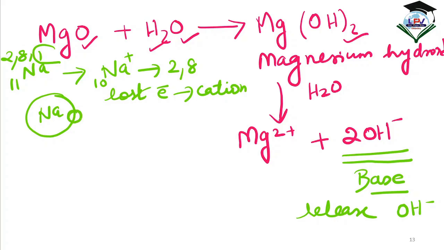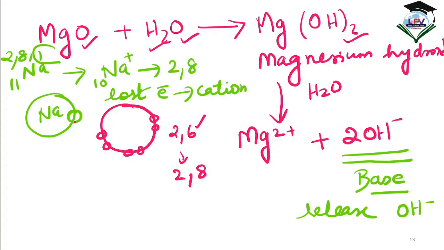Now, oxygen has a total of 6 electrons in the outermost shell. For convenience, I'm just drawing the outermost shell, and it requires 2 more electrons to become 2, 8.